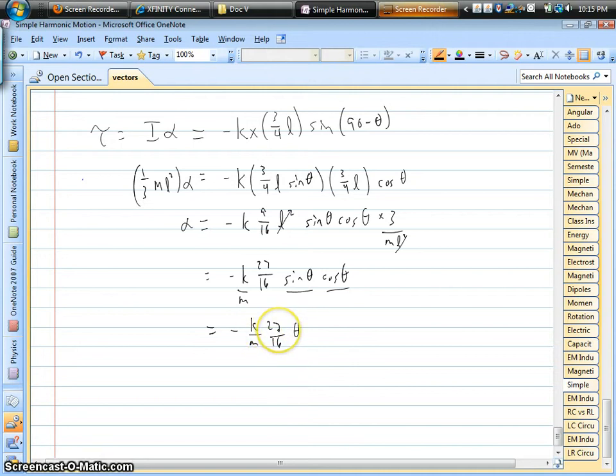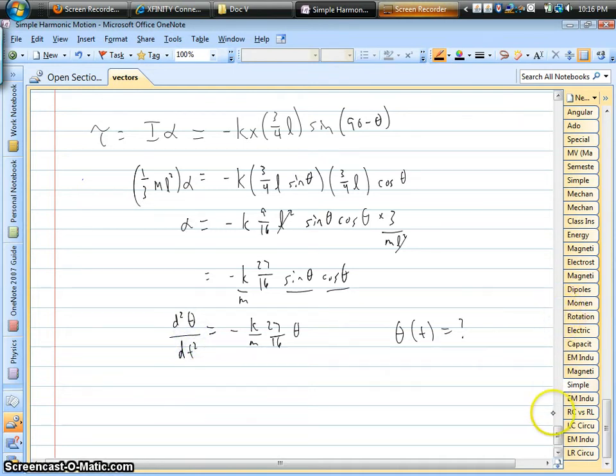So we have constants here, multiplied by theta, we have the k over m, and in particular, if we want to try to figure out how all this behaves with time, if that's our goal, I'm going to rewrite the angular acceleration as the second derivative of your angular displacement.